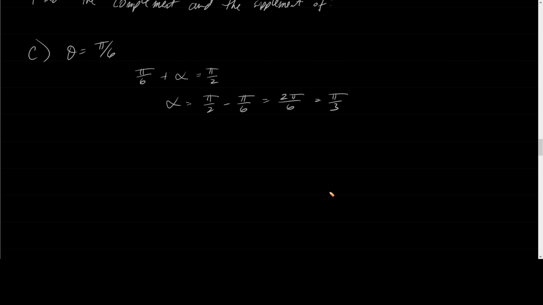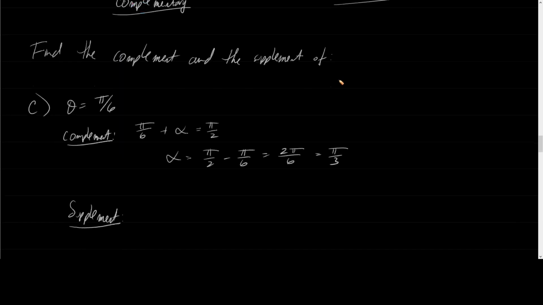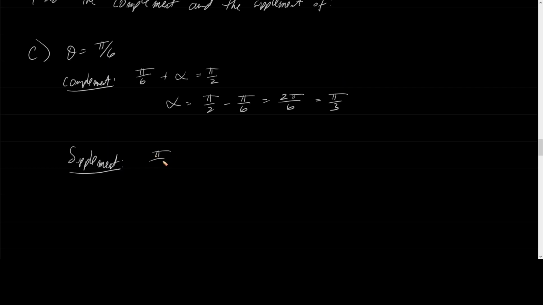So in here, we found that for the complement, the complement of pi over 6 is pi over 3. Now let's figure out the supplement. Using the same idea, pi over 6 plus some angle is supposed to be equal to pi.